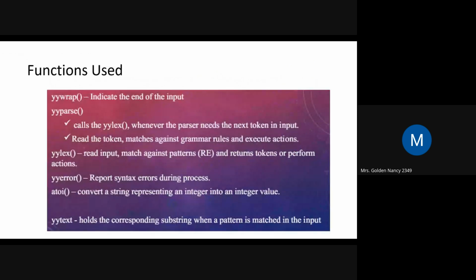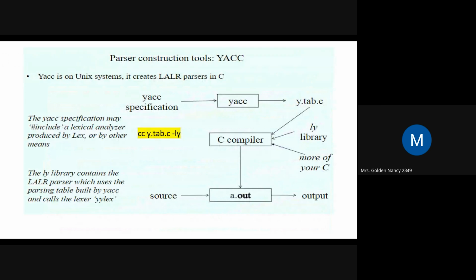Fine. These are the functions of YACC, where yywrap means the end of an input. This is additional information on the functions used in YACC: yyparse, yylex, yyerror, atoi, and yytext. These are the functions that are used inside your YACC compiler. In this tool there are three different sections.